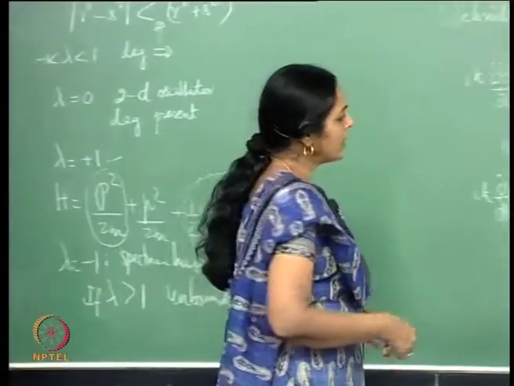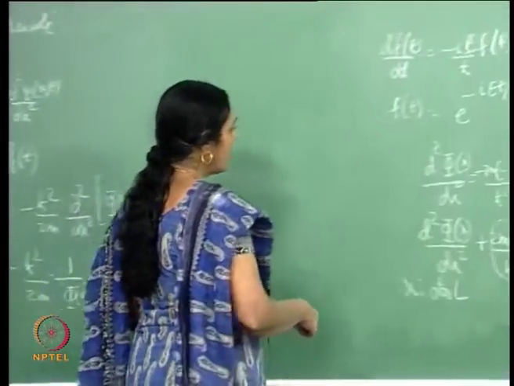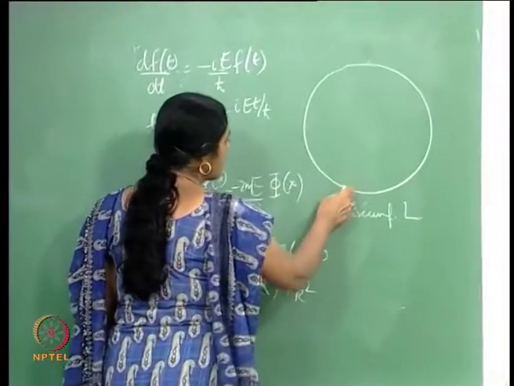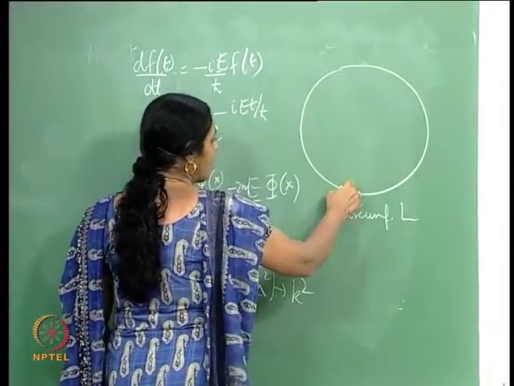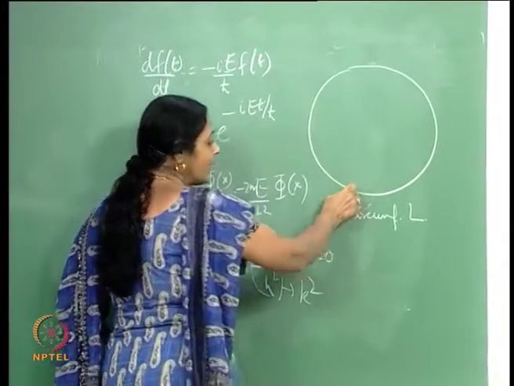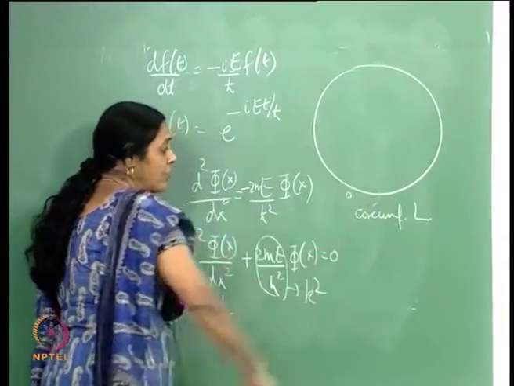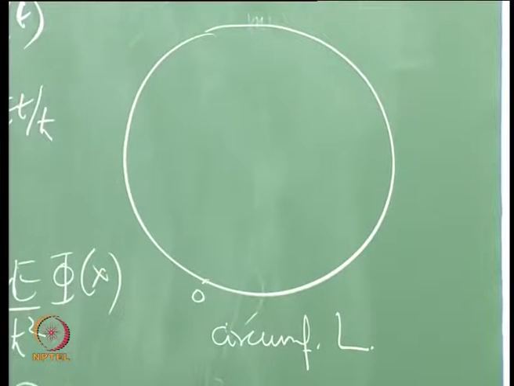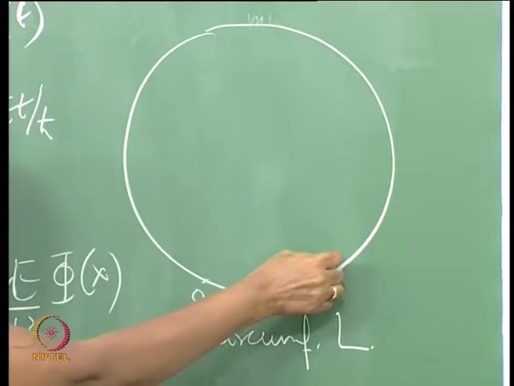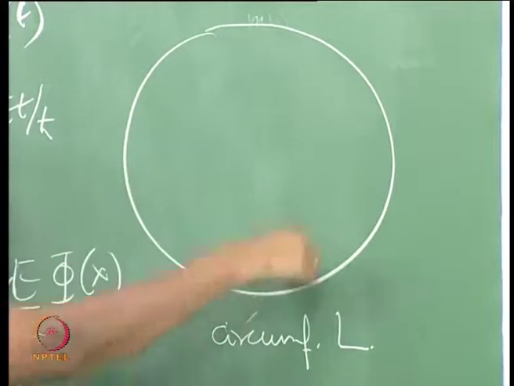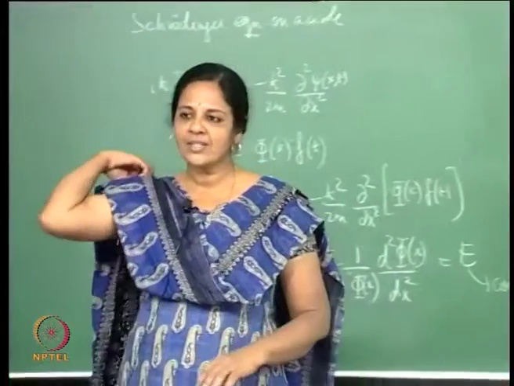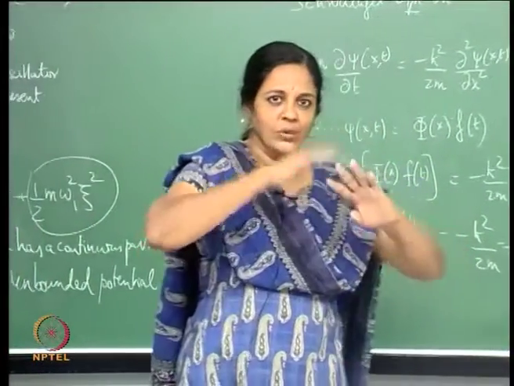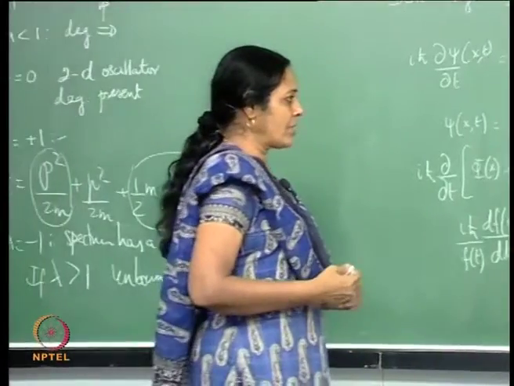I could start off by saying that on this circle, if I start at some point which I call 0, then when I come back, that means I have travelled a length L, phi of 0 must be equal to phi of L. But I also realize that there is nothing special about this point. I could have started from any point on the circle, and if I go round it once, I would expect periodicity, that is, I would expect that the wave function comes back to itself.